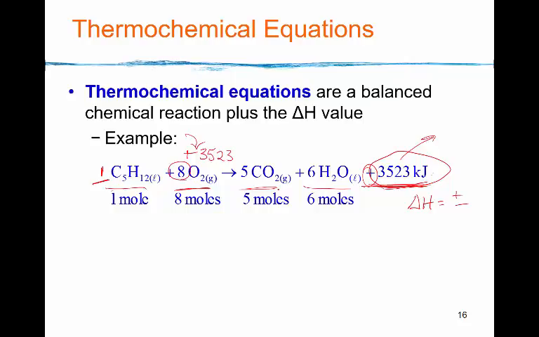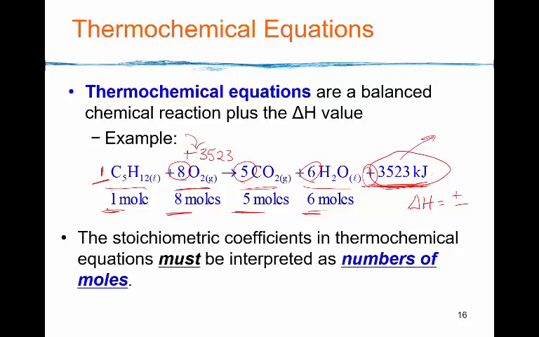But these coefficients at the beginning are how many moles of the substance. That's very important. If we're looking at just gases, sometimes we consider that atmospheres, but it's important that we define that as moles as we're going through these thermochemical equations. So just keep that in mind.